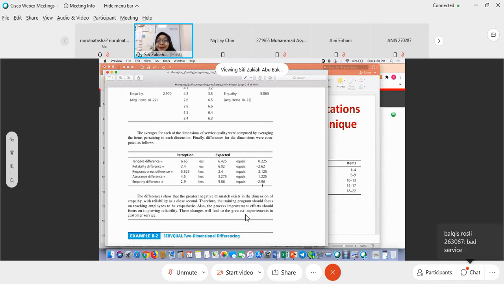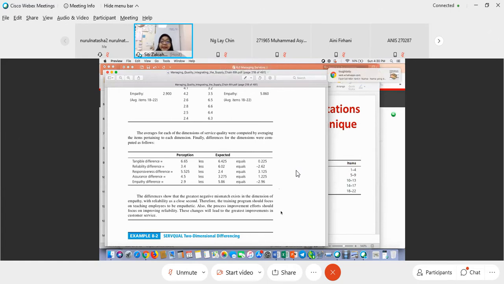It means what the customer gets or perceives is lower than their expectation. Yeah, that's good. When negative, that means there is a problem, there is a gap, in the dimensions of reliability and empathy.